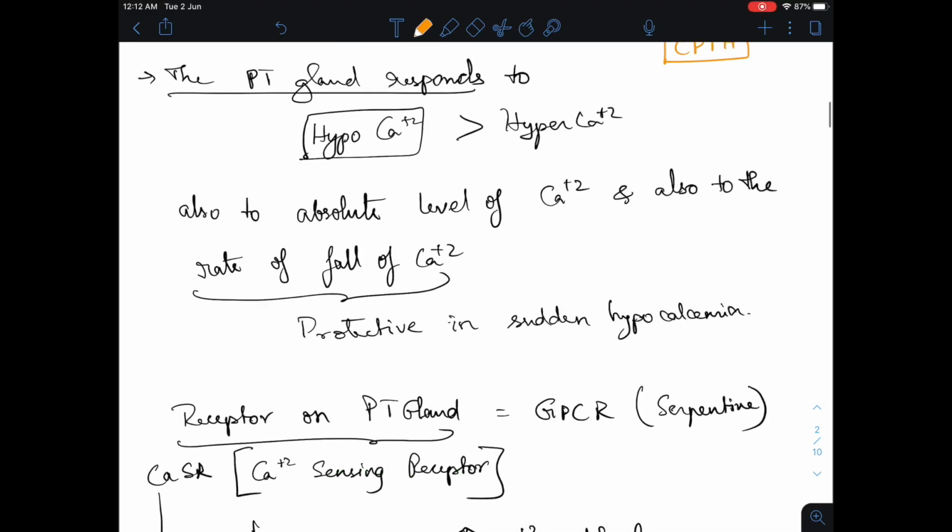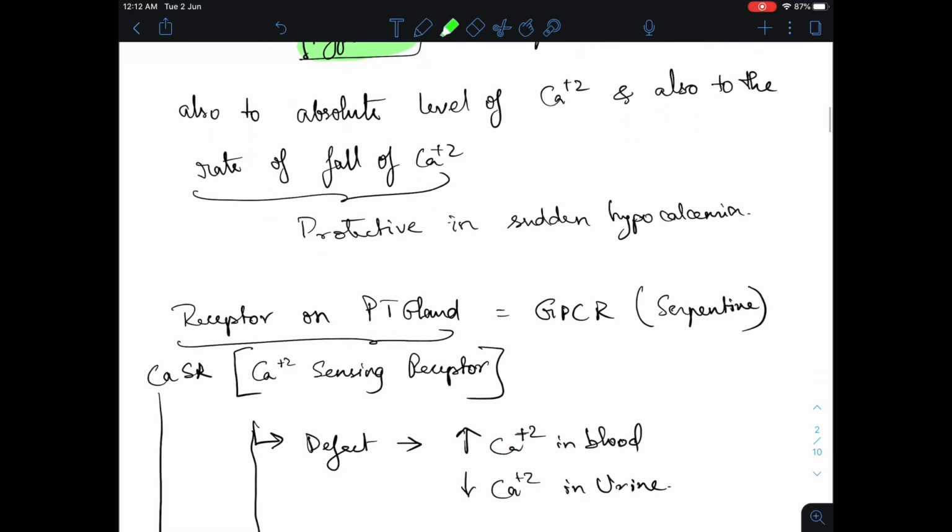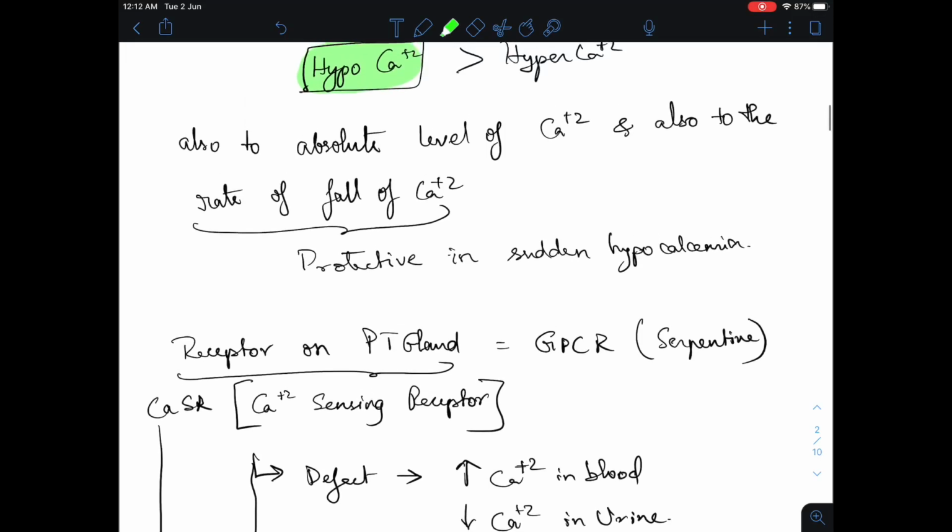The parathyroid gland responds to the levels of hypocalcemia. This is very important actually. We think it's hypercalcemia, but it responds to hypocalcemia more than hypercalcemia. Okay, so the absolute ionic calcium and also the rate of fall of calcium will stimulate the secretion of parathyroid hormone.